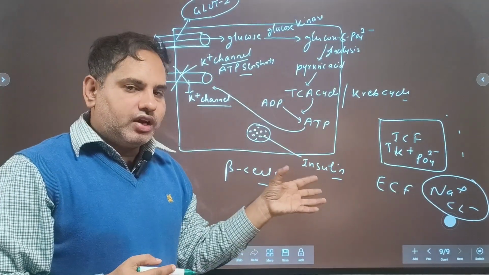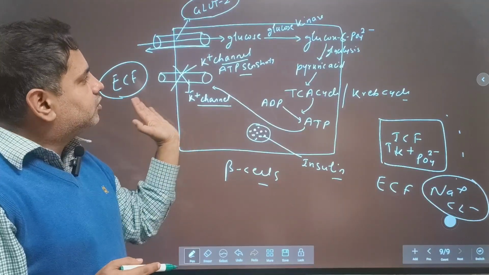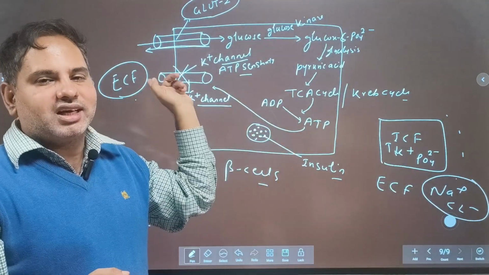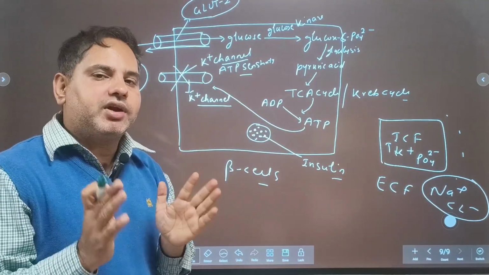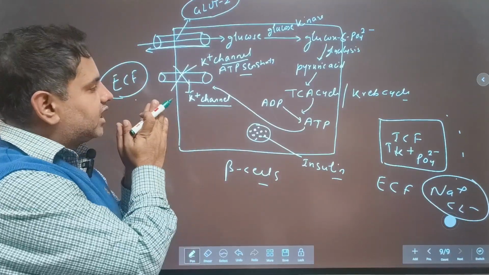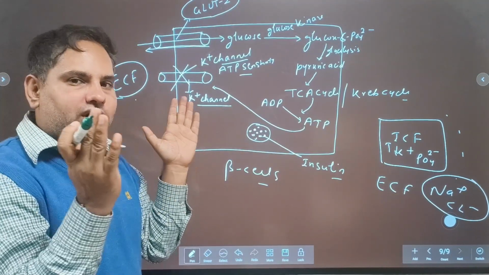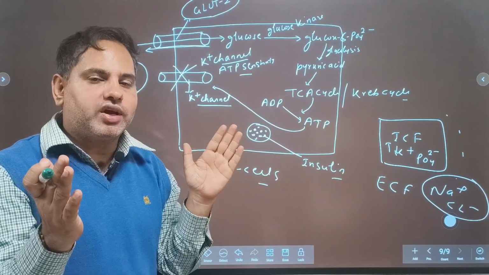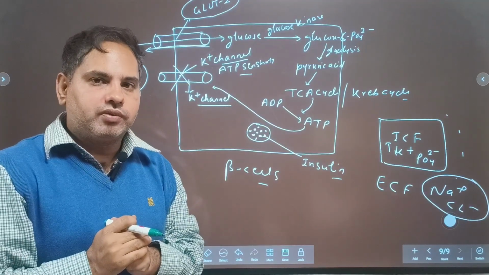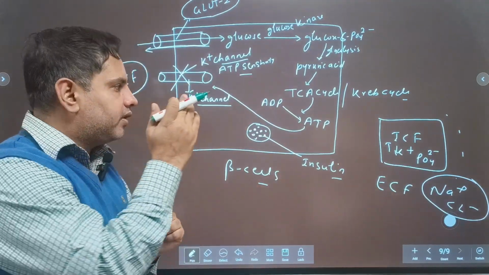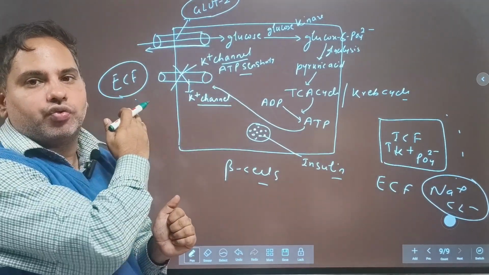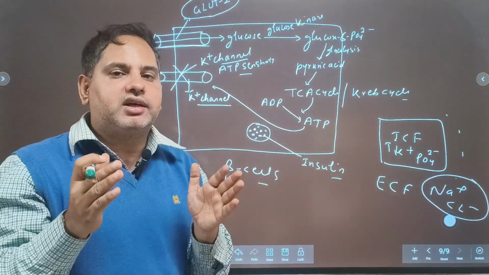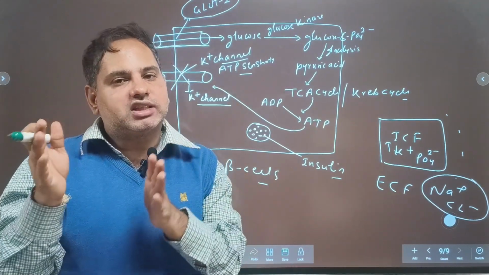So, in normal conditions, when there is no stimulus, here is glucose. So, what happens in those normal conditions? Your potassium channel is open. So, when the potassium channel is open, in which direction will potassium ions move? Potassium will move from intracellular to extracellular. Why? Because in normal conditions inside the cell potassium ions are more.